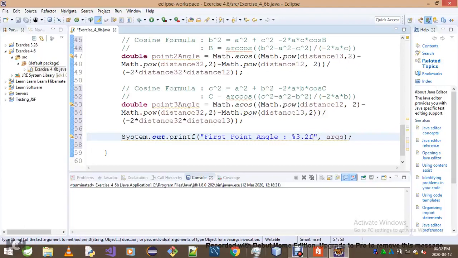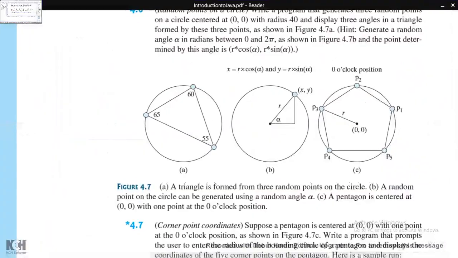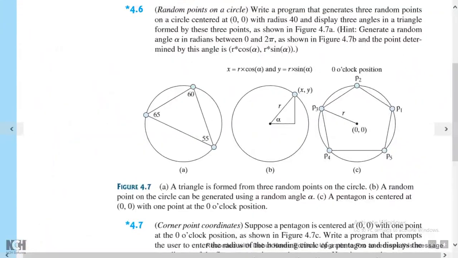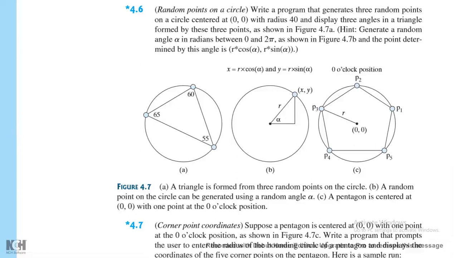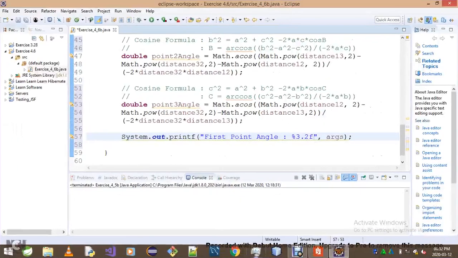What I want to do is display, because you see, even though we're working with radians, it's better when we actually display our angles that we display them in degrees, because these three values, 60, 65 and 55, are in degrees. So what I'll do is I'll simply go, the first point angle is that much degrees, and then I'll go to the next line.